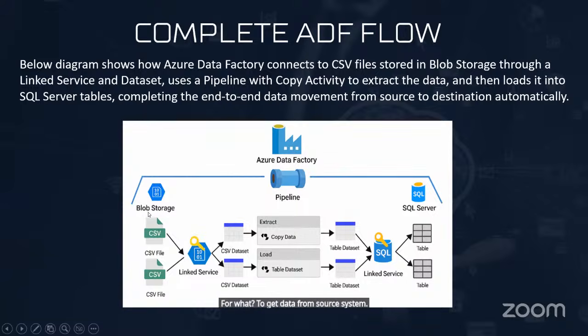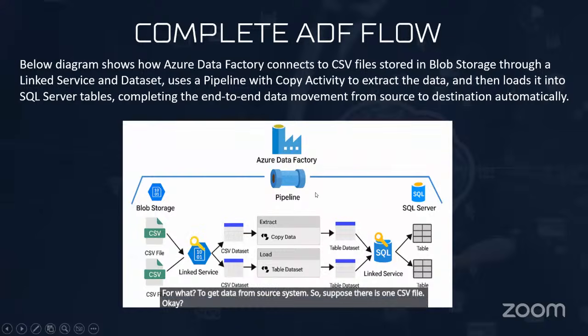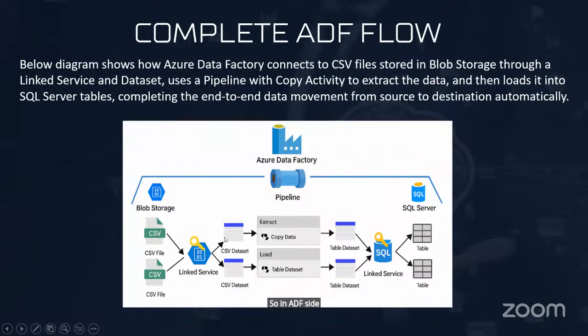So suppose there is one CSV file, okay? On the ADF side also, you have to create a similar structure. That is called a data source. In a CSV file there are 4 columns, or in any table there are 4 or 5 columns.